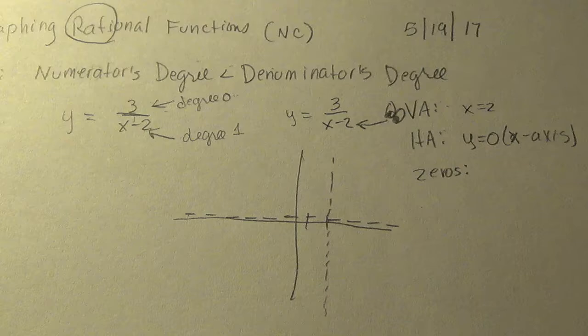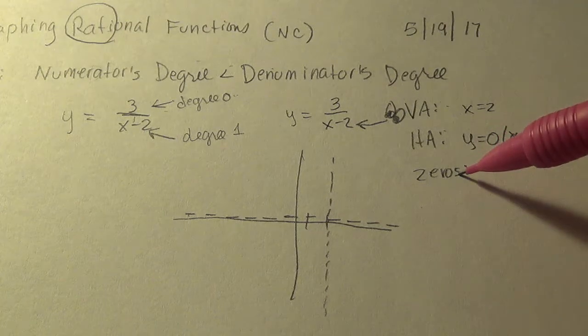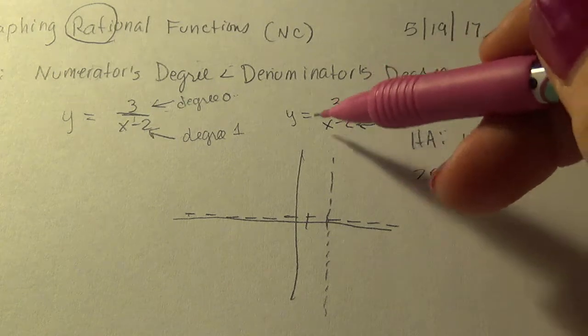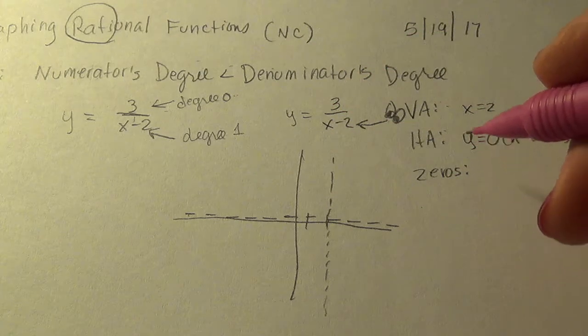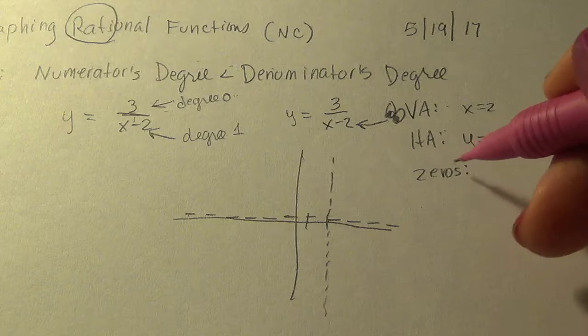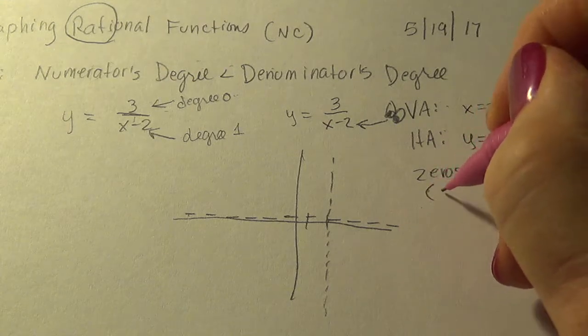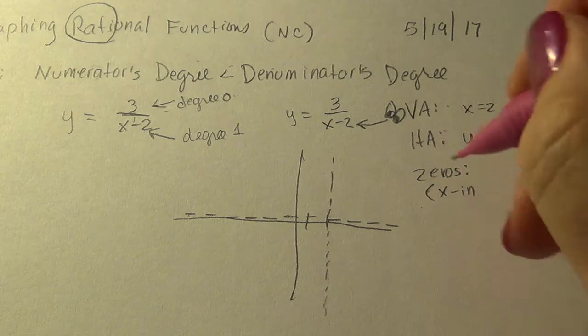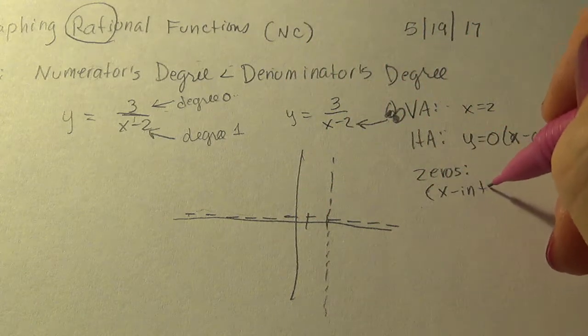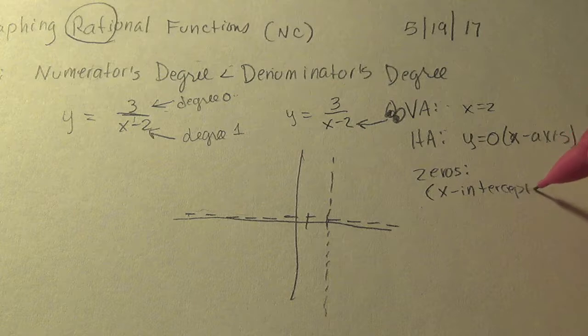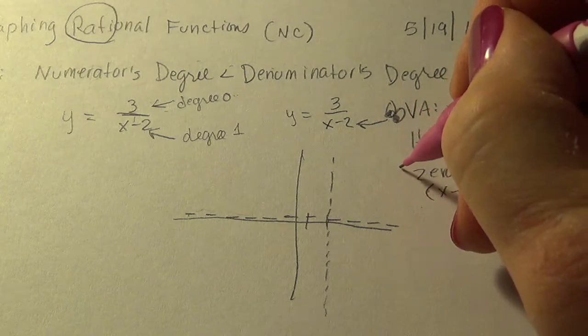Alright, so now we are graduating to the zeros. So what will cause this to be 0? We'll look for the x. The zeros are usually referring to the x-intercepts. Zeros means where it's crossing this axis. And where do we look here?